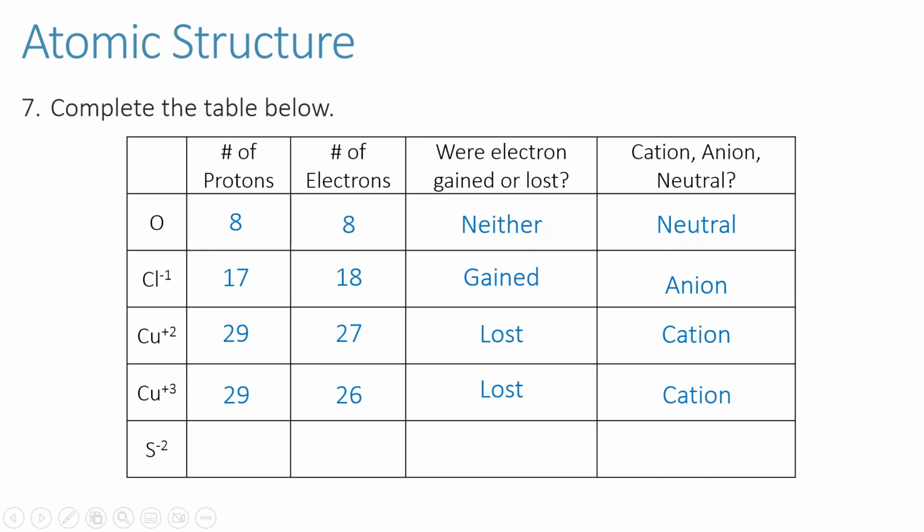So this would lose 3 electrons and form a cation. S minus 2, we would call this sulfide. Sulfur has 16 protons. Since this is minus 2, there must be 2 more electrons than protons. So this gained electrons in order to form an anion.